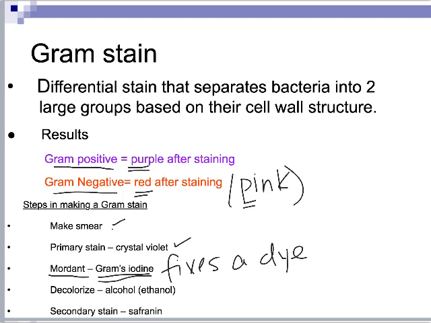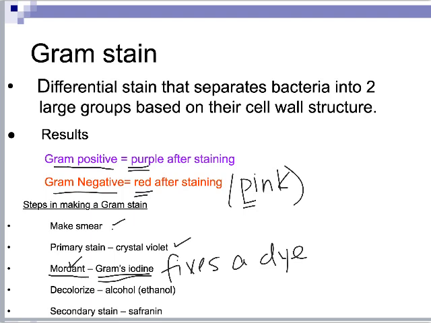Okay, so if you think about like tie-dye t-shirts, if you tie-dye a t-shirt with RIT dye, the RIT dye doesn't have a mordant, and the t-shirts are not treated with a mordant. So the color fades. It doesn't stay like a real nice, intense tie-dye. But if you buy like a professionally done shirt, they treat the cotton in the shirt with the mordant, and the mordant causes the dye to stay in there.